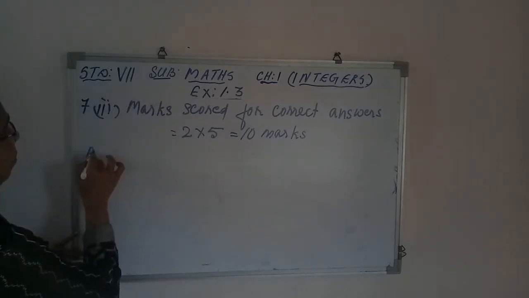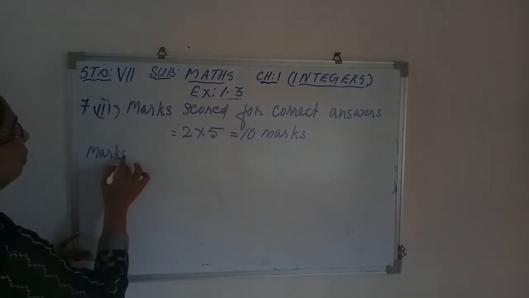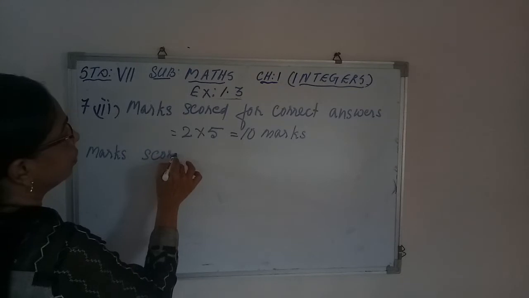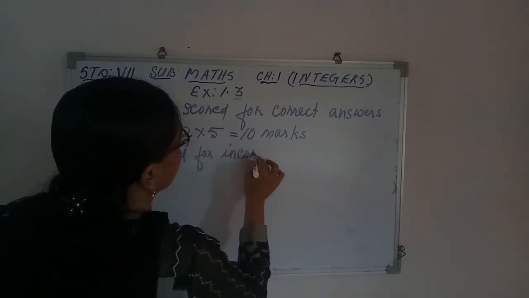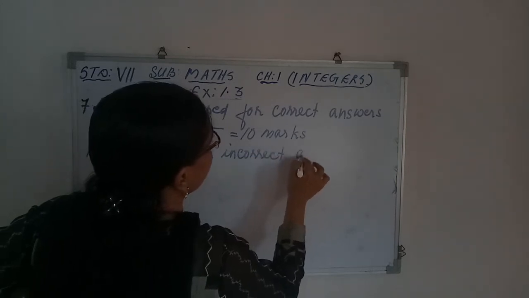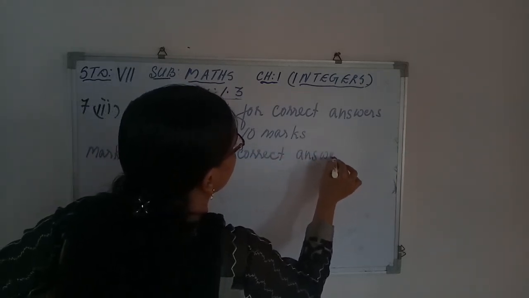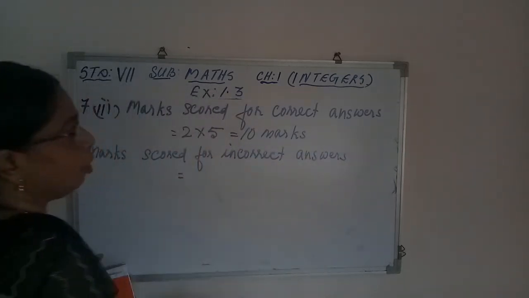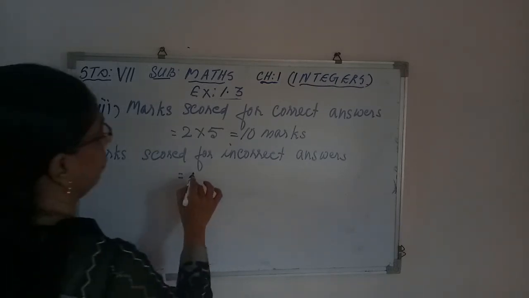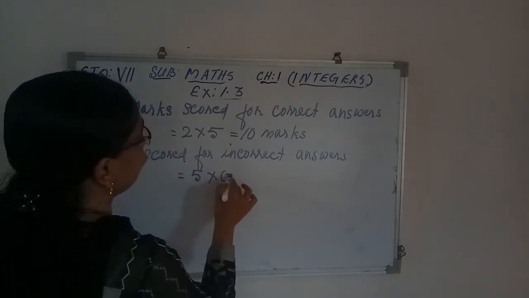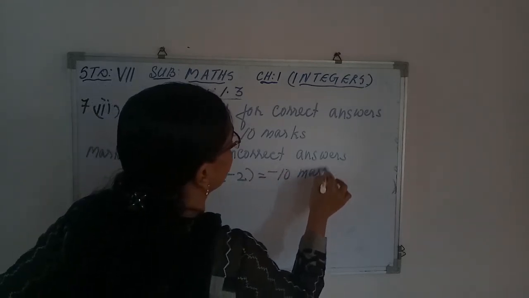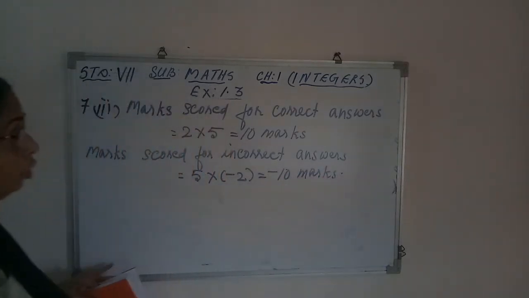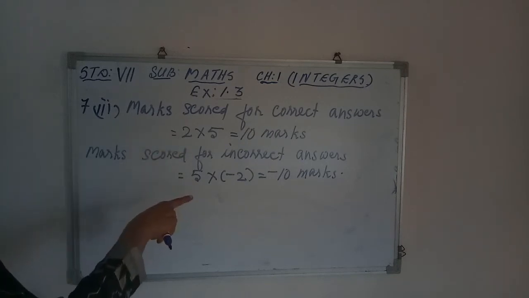Then marks scored for incorrect answers. How many incorrect? 5 incorrect. So 5 into -2, -10 marks. So 7 she has attempted.